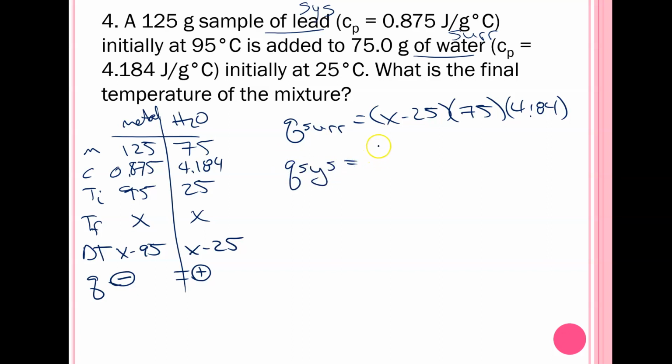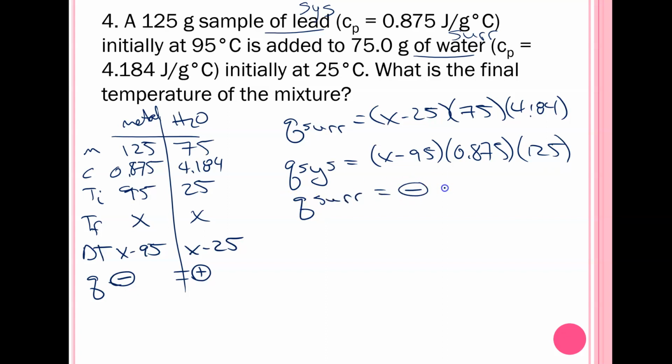I'm going to say it's X minus 95 times 0.875 times 125. And all I know is that the Q for the surroundings is the opposite sign of the Q for the system, but they're equal to each other. So I'm going to set them equal to each other algebraically.